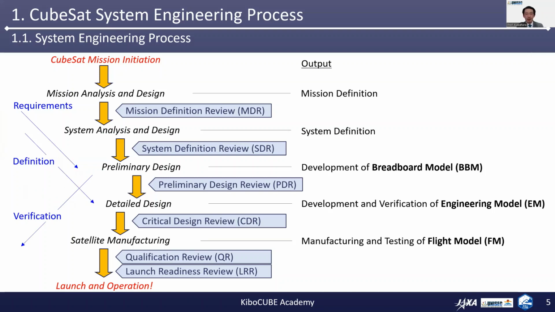The process shall start at the system analysis and design activity and shall be finalized by a critical design review. Then the last arrow is the verification process, which starts at the preliminary design process and shall be finalized by a qualification review. So the first two activities can be regarded as a top-down engineering flow, and the last one can be regarded as a bottom-up engineering flow. This is called the V-model engineering process.